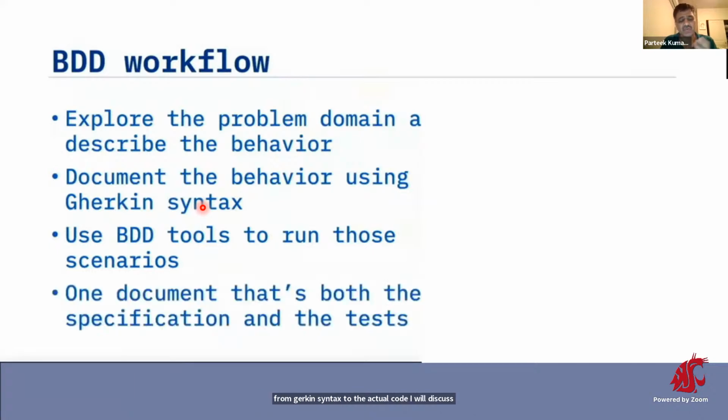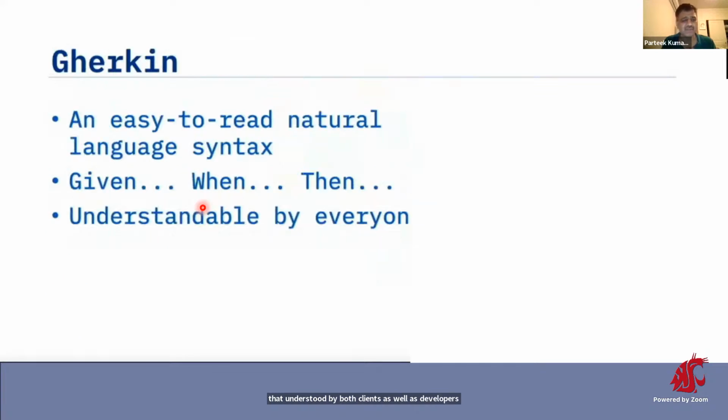Ultimately, our overall aim is to have a document that is understood by both clients as well as developers. That document carries the specification and test cases. As I mentioned, everything is written in Gherkin syntax, which is easy to read.